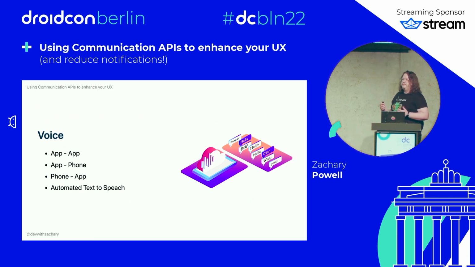So I think we've all probably used that example where you call a phone number and you get an automated menu that says, press 1 to do this, press 2 to do this. So using a communication API around voice, you could do that. You could create an automated way to go through different menus.